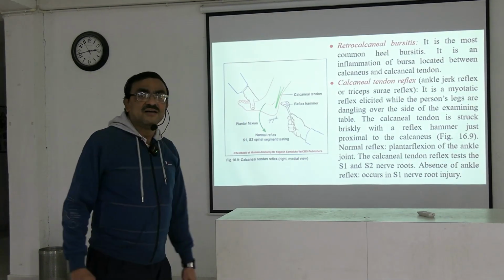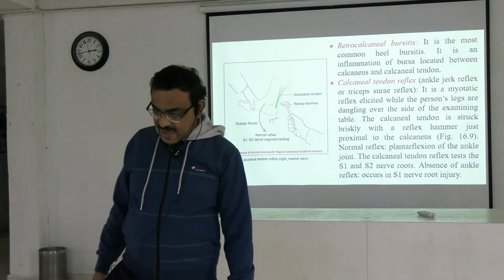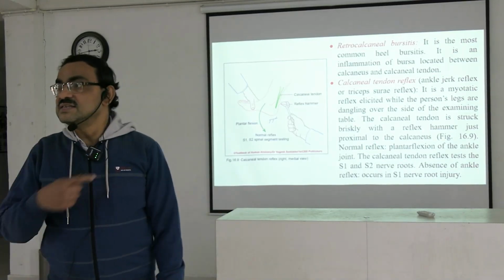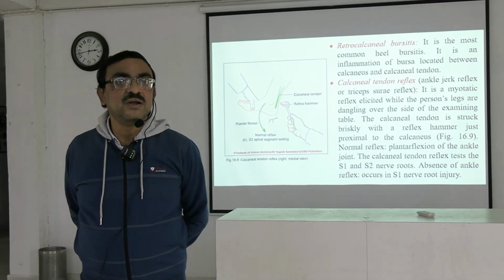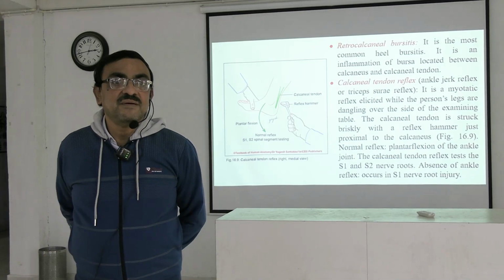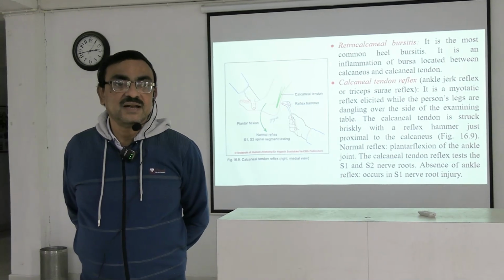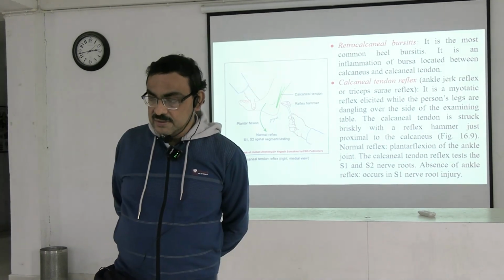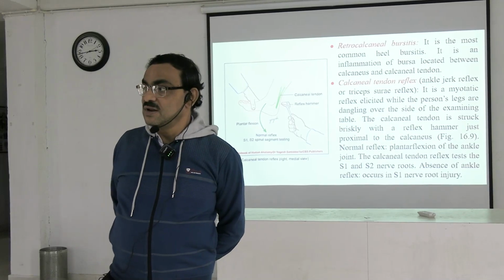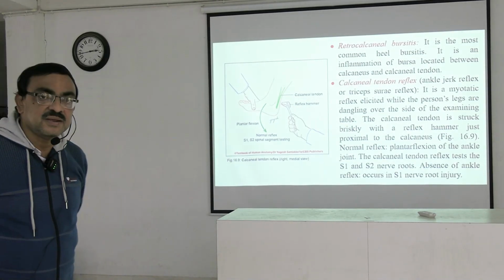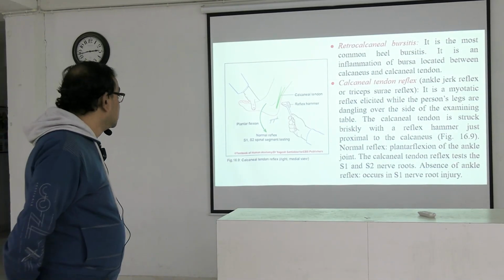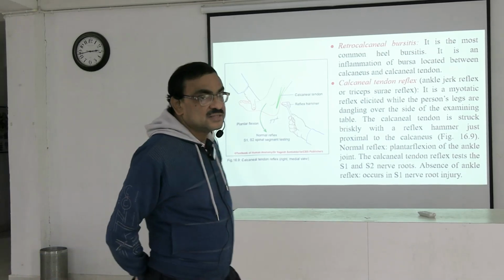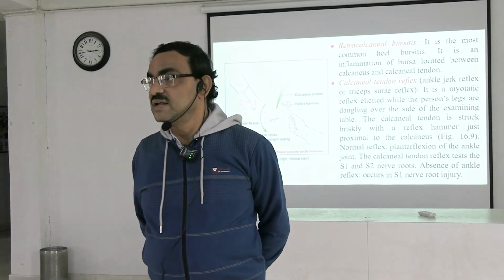So this is a jerk which is called ankle jerk. You can see one hammer and the tendon is tapped with that hammer. So there will be a jerk which is called ankle jerk. It is very important in medicine. The segments are S1, S2 segments of the spinal cord.